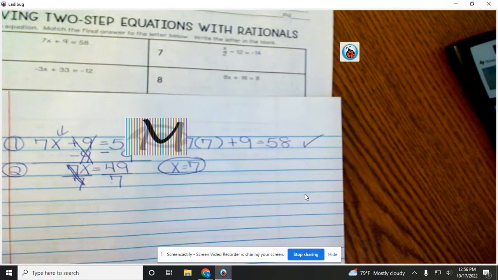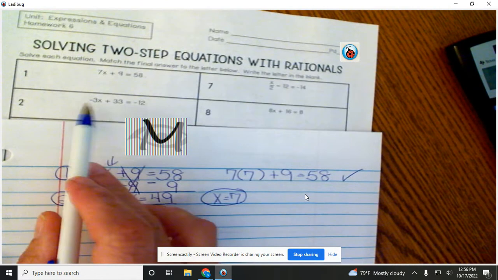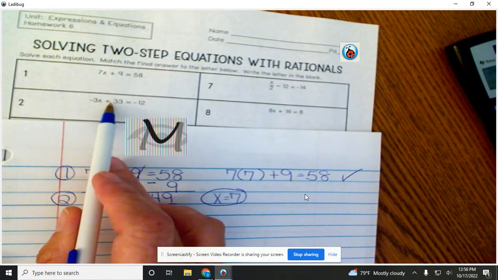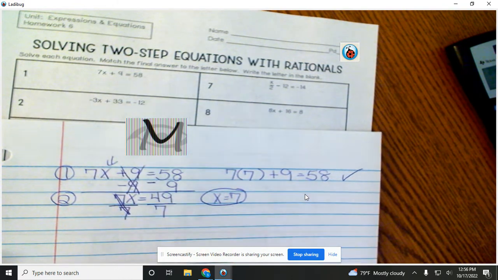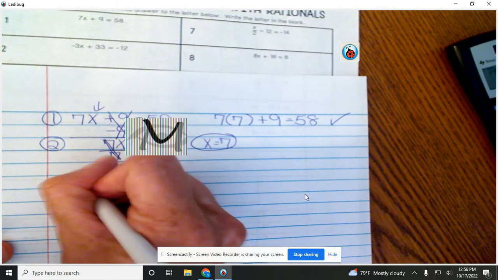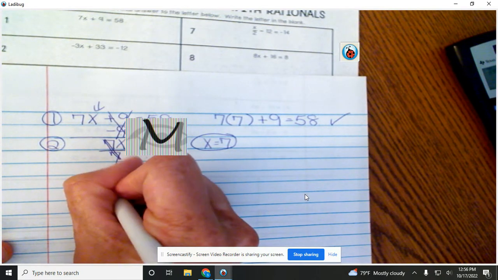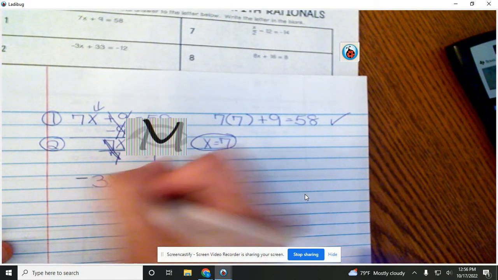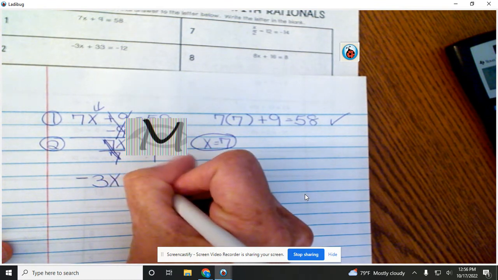We'll do one more just to make sure that you understand what we're working with. So we're going to do negative 3x plus 33 equals negative 12. Don't be scared just because we have some negatives in there.